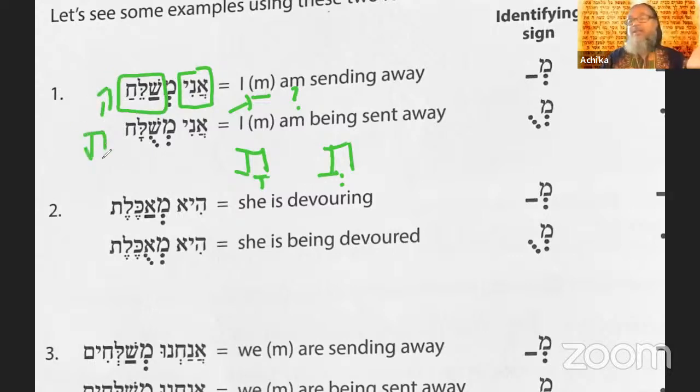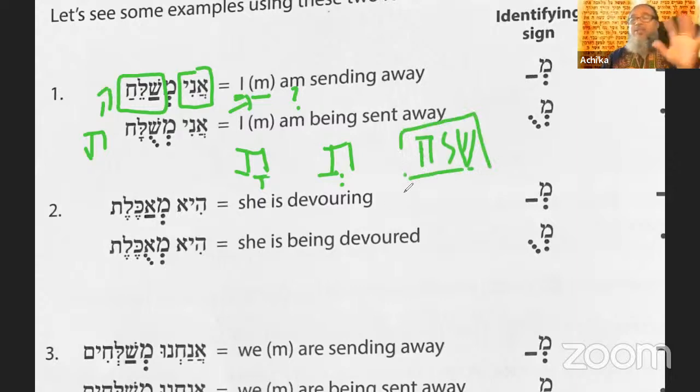Generally, if it ends in a feminine, then more than likely you're talking about a feminine person who's doing the action. Does that make sense? So any 3-letter root verb like shalak that we have right here, by itself, it's perfect. There's nothing added to it. So automatically it's assumed as a third-person masculine singular.